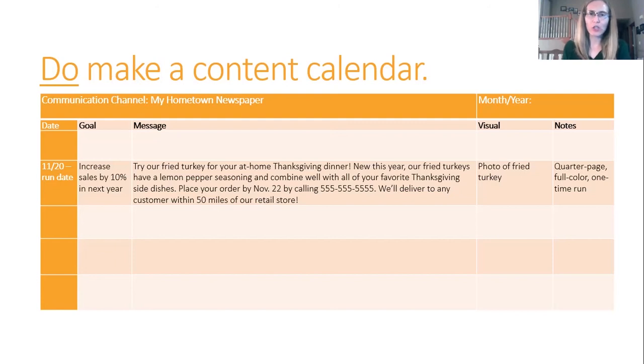So let's assume that you want to run an ad on November 20th in your local newspaper, and you've developed your message about your new fried turkeys. You want to include a visual, or a photo, rather, of that fried turkey as part of that ad message. And then you have a few notes here about the size of the ad. You're wanting to run it in full color, and it's only going to be a one-time run. So you're only going to be placing this ad one time.